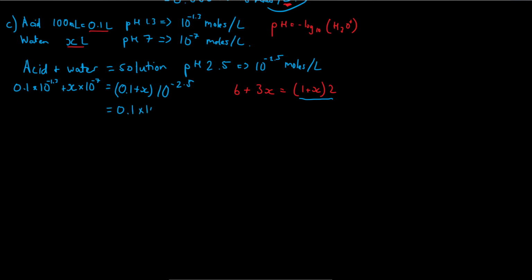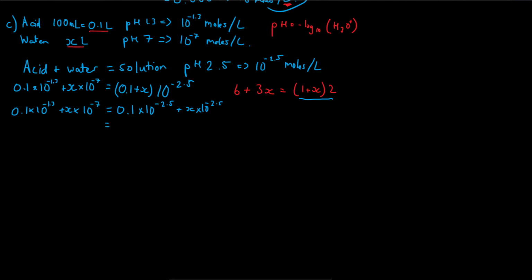0.1 times 10 to the negative 2.5 plus x times 10 to the negative 2.5. Be really careful with your powers here and all of these ones and zeros that you don't drop anything as you work through. On the left hand side we've got 0.1 times 10 to the negative 1.3 plus x times 10 to the negative 7.